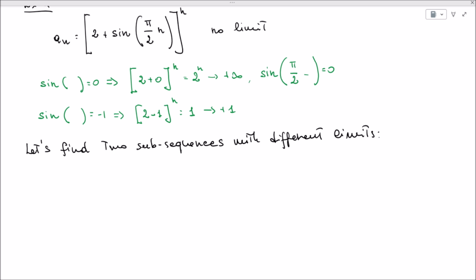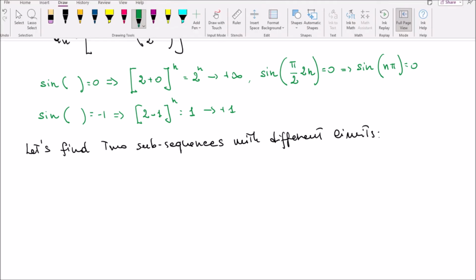Well, we know that this happens when the argument of the sine is just a multiple of pi. So we can think of having 2n here, because in this case we would have just sine of n times pi, which is of course 0. So this seems to be the right choice for the first sequence.